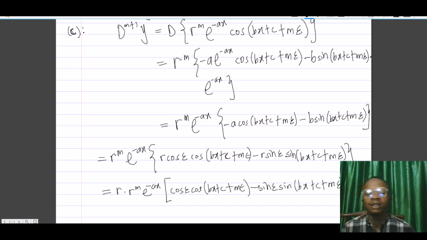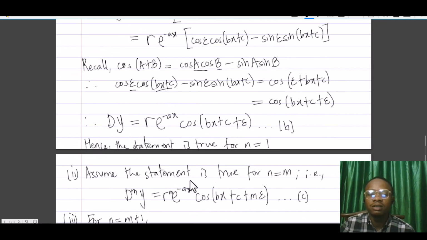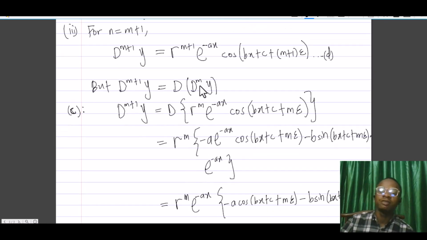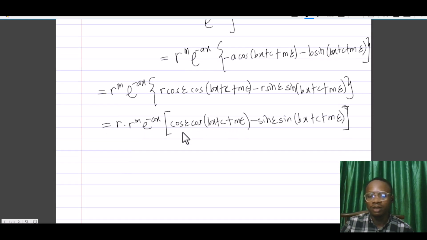Again, we can identify the fact that this is just like we did for the first case. This is the same thing as having cos a plus b. All right, so we can just add everything up. So this is going to be equal to cos bx plus c plus m epsilon, then plus epsilon, because that is exactly what we have here again.